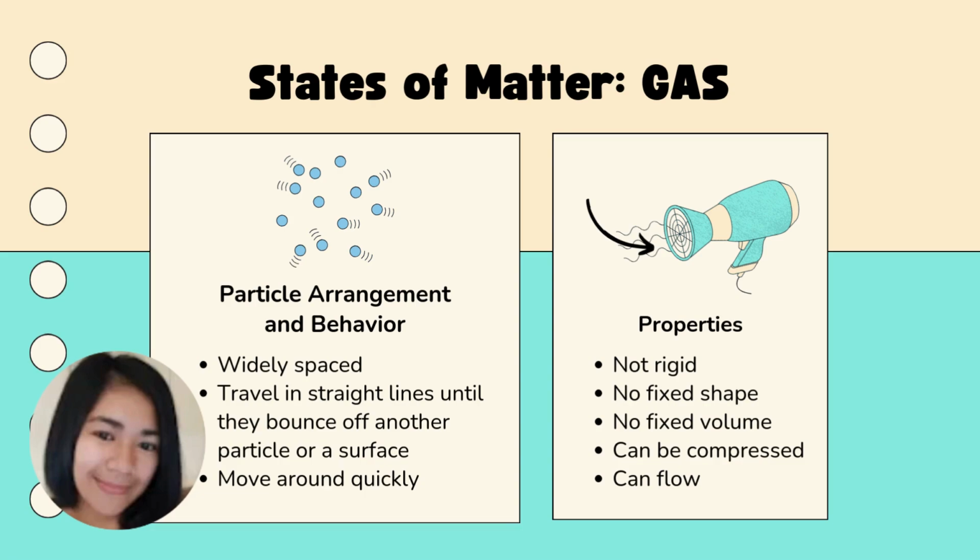Yan. And then the third state of matter is gas. So the particle arrangement and behavior of gas is widely spaced and of course travel in straight line until they bounce off another particle or a surface and move around quickly.